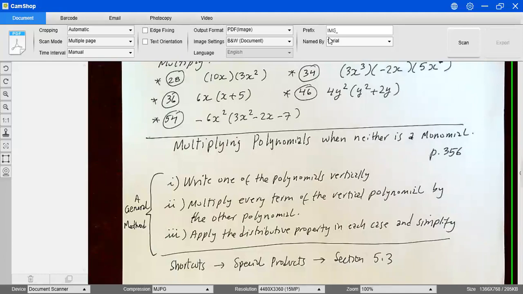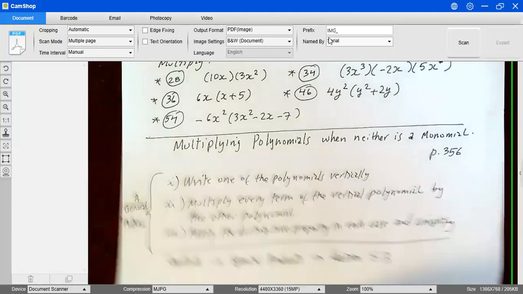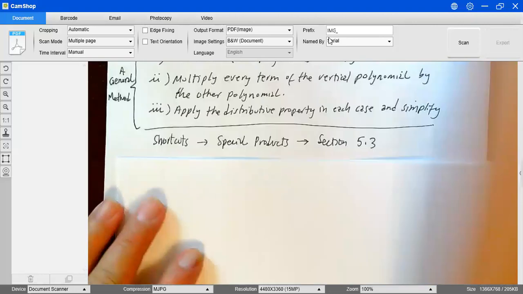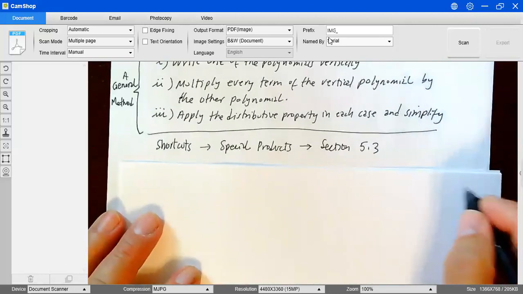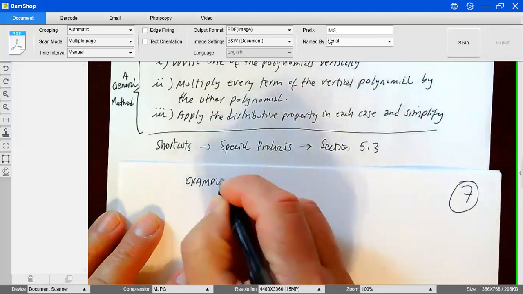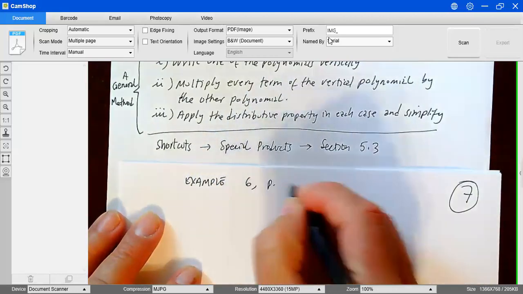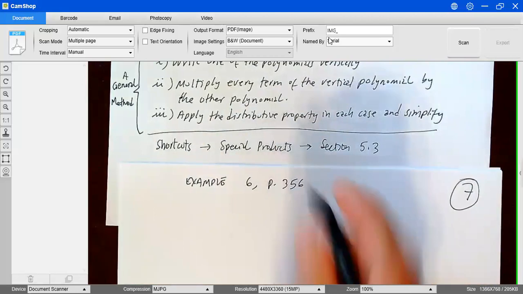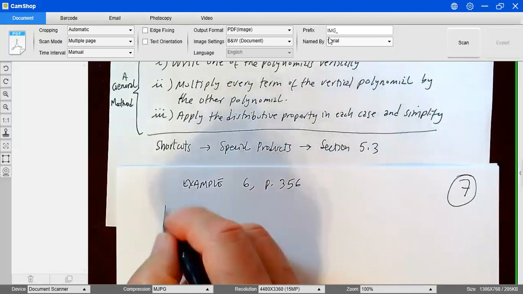So let me just start with example 6, on page 356. So we're going to multiply.